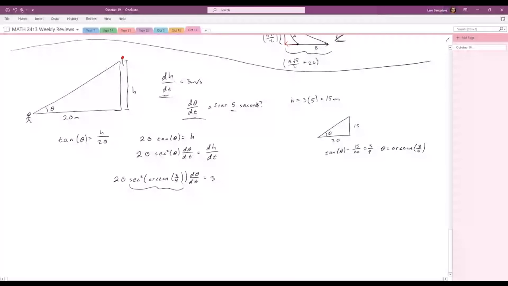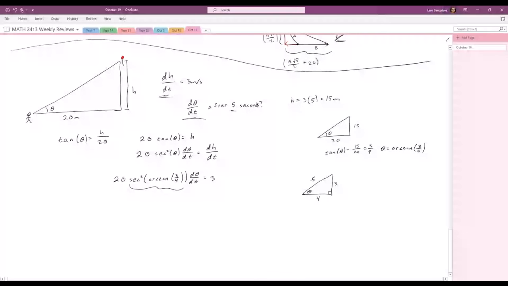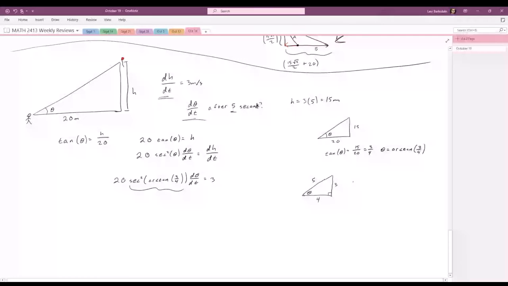Well, I know that arctangent tells us that we can construct a triangle with a given angle theta that has an opposite side of 3 and an adjacent side of 4. Well then, because this is a special right triangle, I know the hypotenuse should be 5. And I know what secant of theta means. Secant is 1 over cosine.